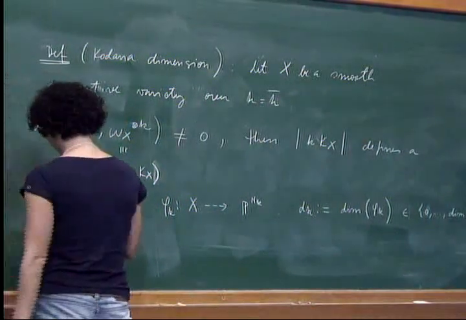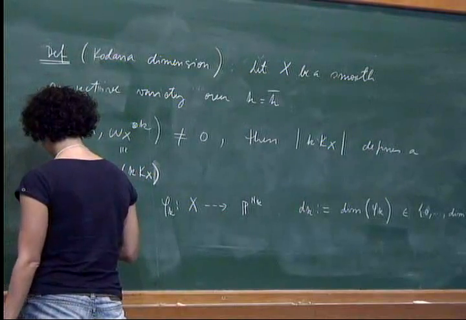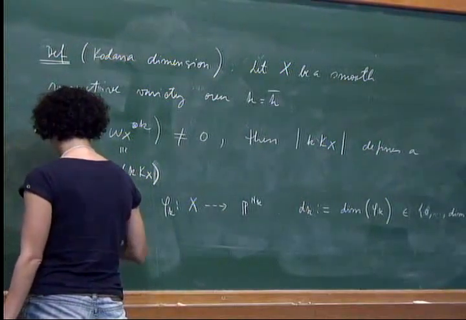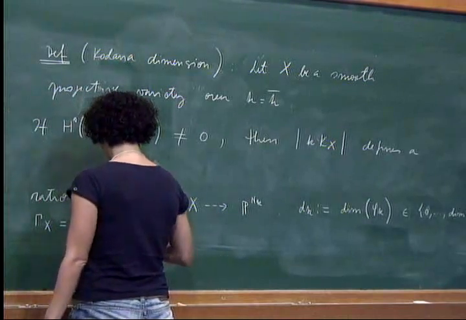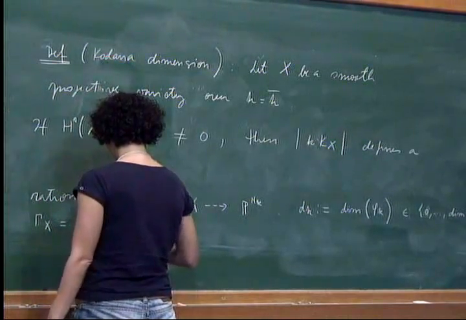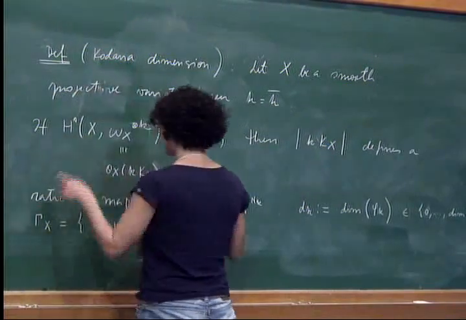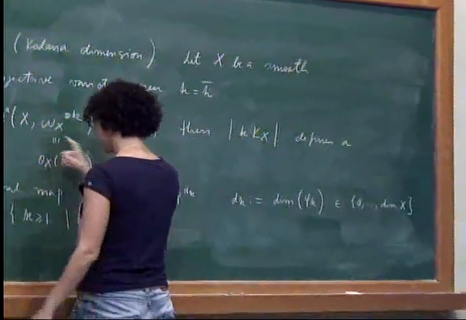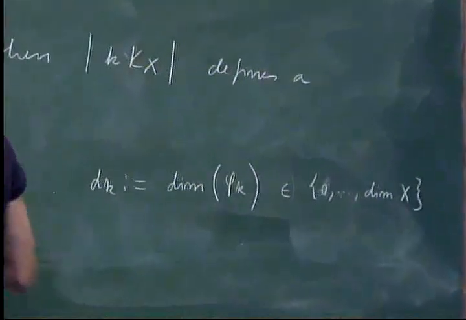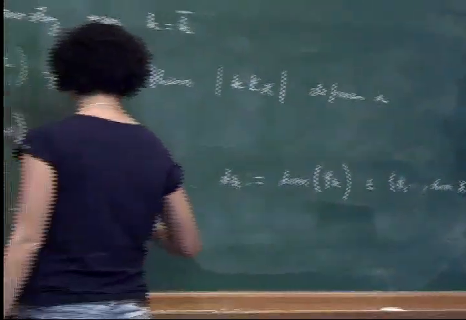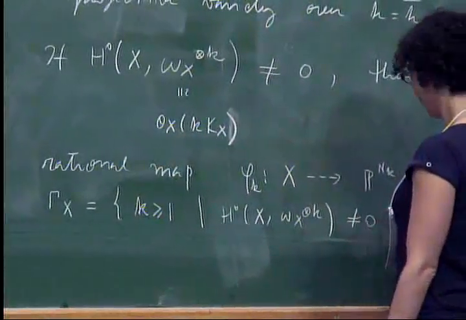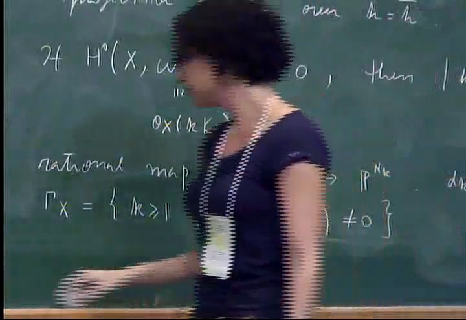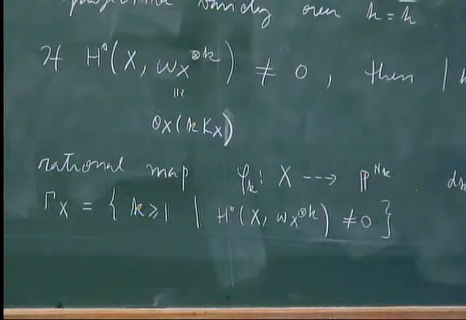And then what I can do is the following. First of all, let me define a set of integers associated to X. This will be the set Gamma_X of positive integers k for which we have a global section, that is, H^0(X, omega_X^k) is different than 0. And then finally, I will define the Kodaira dimension of X as follows.